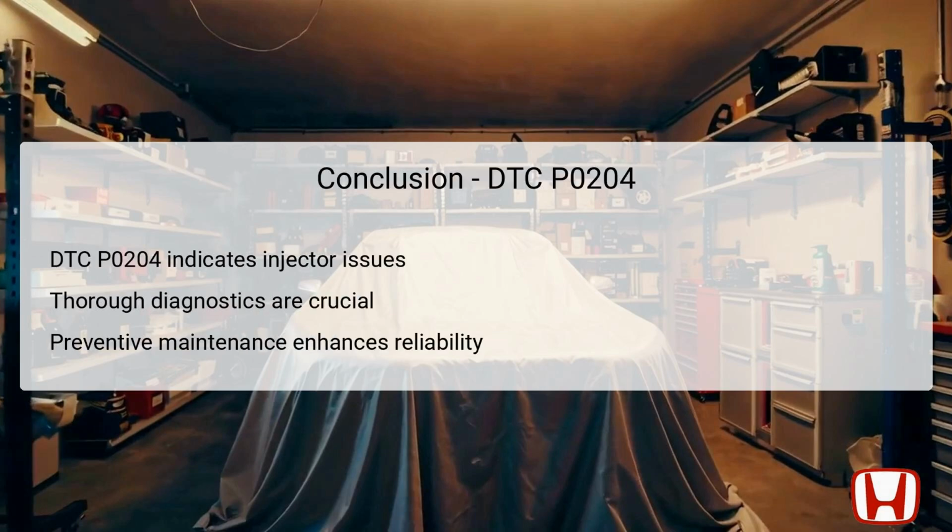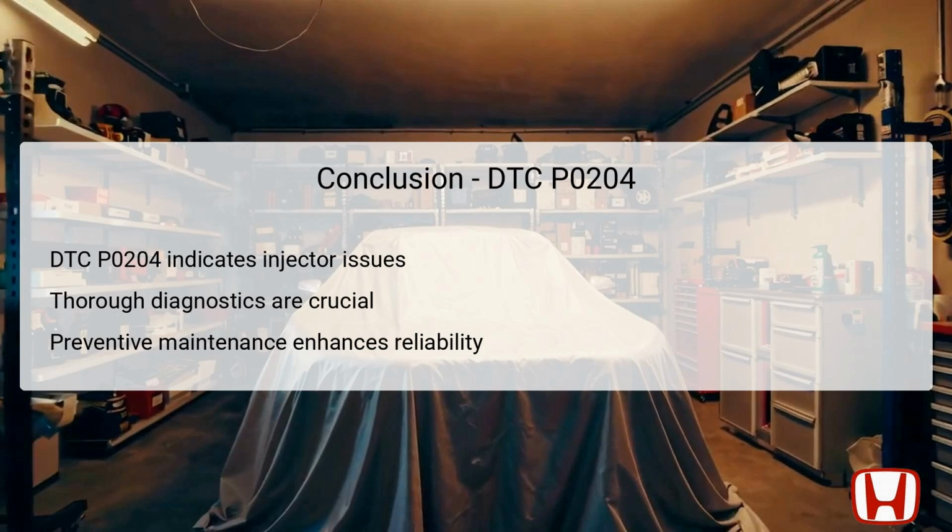In conclusion, DTC P0204 points to significant issues within the number 4-cylinder injector circuit that could adversely affect engine performance. Thorough diagnostics are critical to isolate the root causes, whether it be open circuits, shorts, or faulty components.